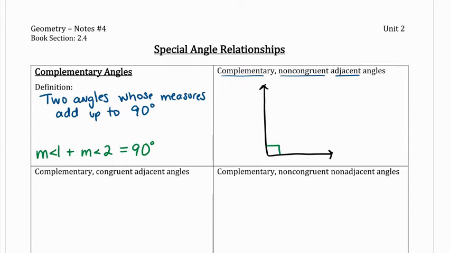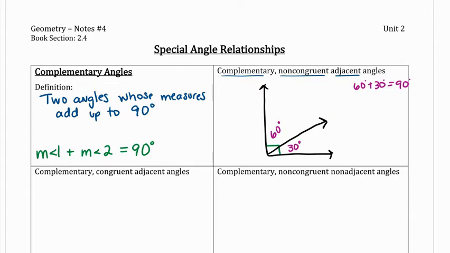And then if I just decide on some other ray to draw in here to split it, so let's say maybe here, I can make one of those angles, say this one is 60 degrees and this one is 30 degrees. Well, my 60 plus 30 is equal to 90, right? My 60 degrees, 30 degrees equals 90 degrees, so they are complementary. They're non-congruent because one's 60, one's 30, and they're adjacent because they share that side there in the middle.